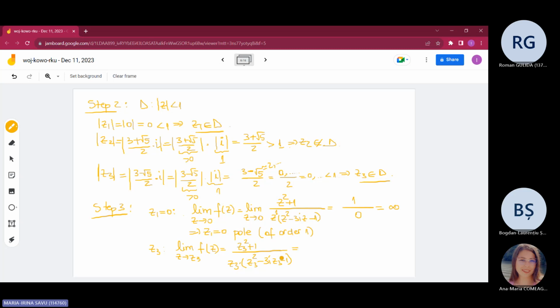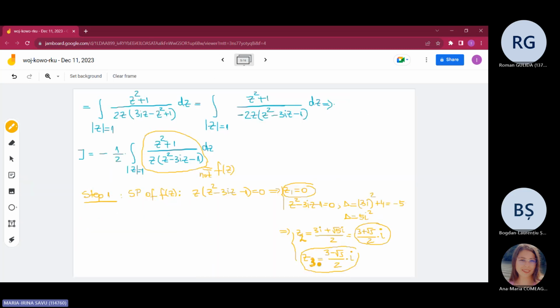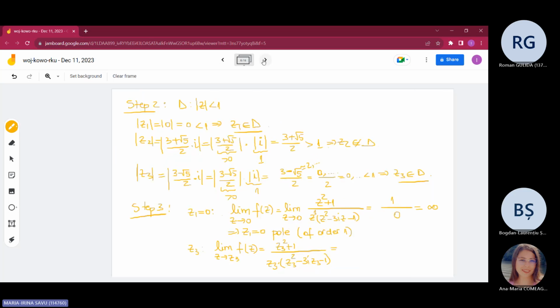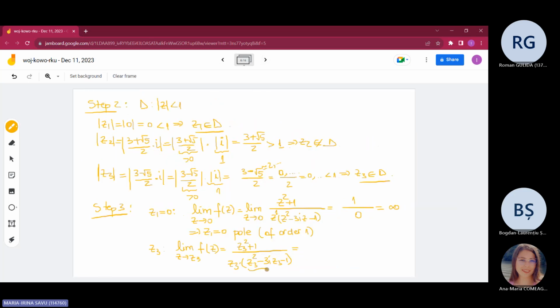Okay. But now z3 is a solution of this equation. So if you replace here z by z3, you will get that z3 squared minus 3i z3 minus 1 is 0. So in this case, the denominator will be equal to 0. So this will be something which is not 0 over 0, which is again infinity.